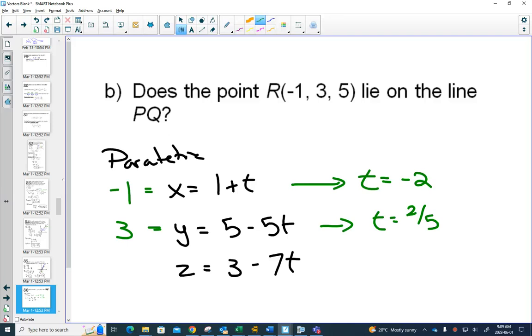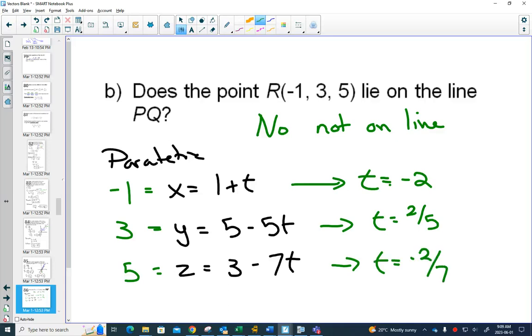I can already tell no. Because if it's on the line, there has to be a t that takes me there in that direction. But since I have to go -2 for the x and 2/5 for the y, it's not going to work. Even if z is 5, well then t would be -2/7, bad there too.